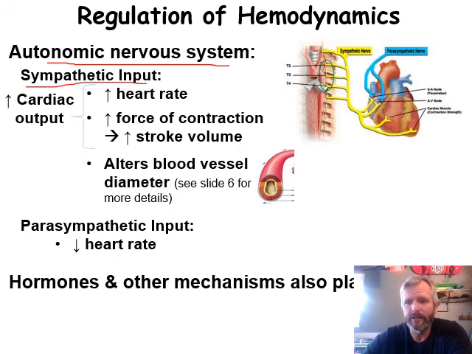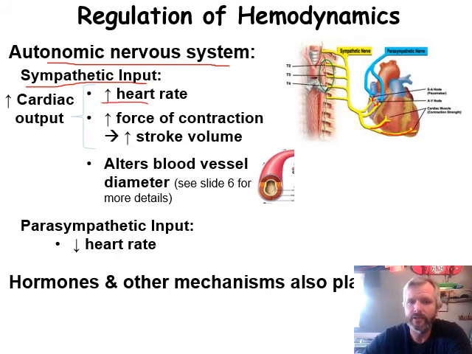So the sympathetic, you can see here, innervates both the SA and AV nodes, but the sympathetic also innervates the cardiac muscle. Okay, and so it has two effects on cardiac output.